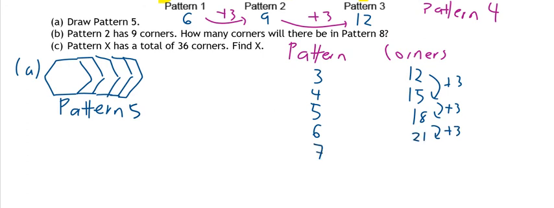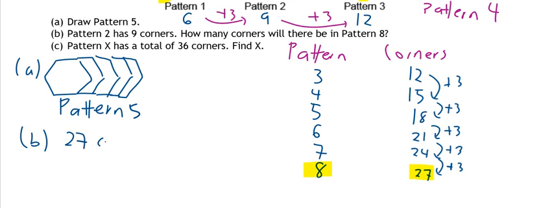And then 7, you have another 3 added, so it becomes 24. And last but not least, 24 plus 3 is 27. So this is your answer for part B. Pattern 8 has 27 corners.